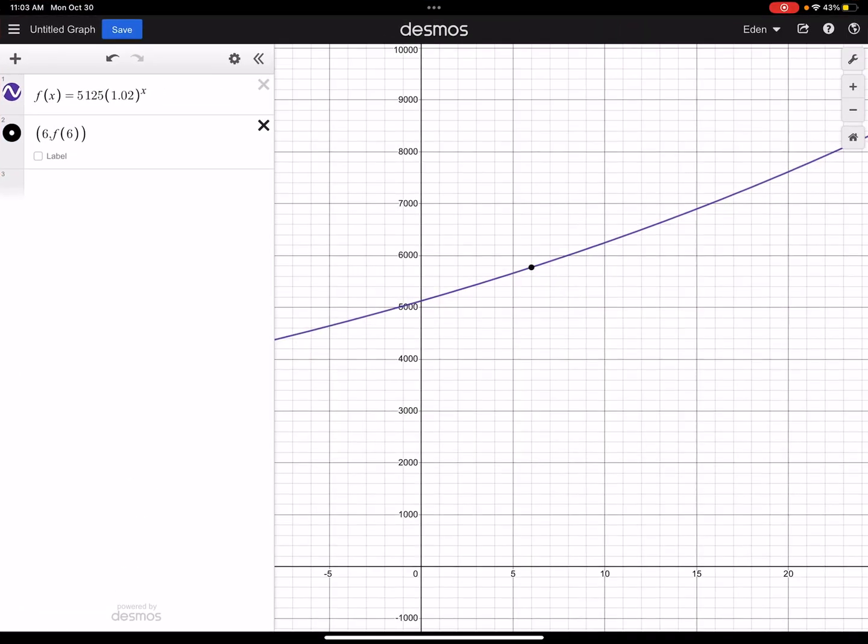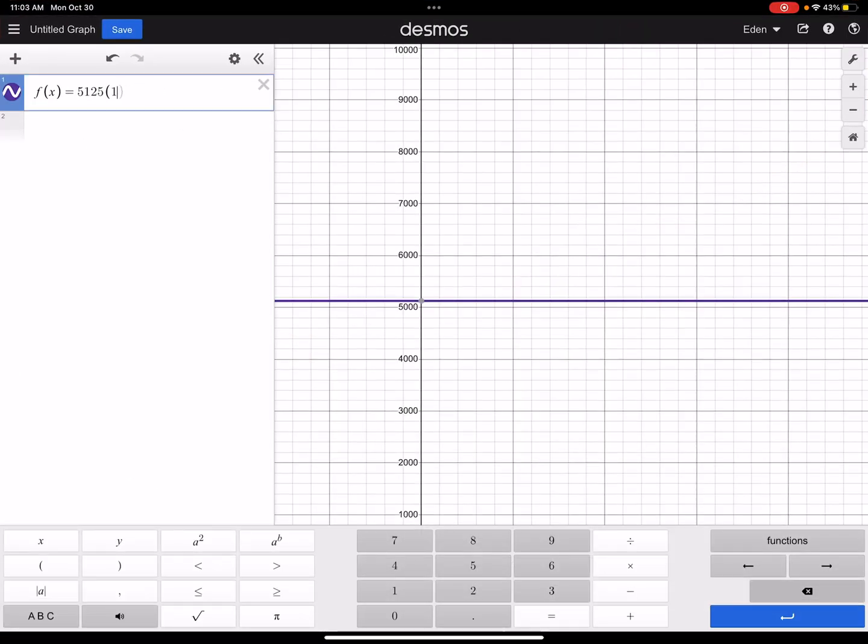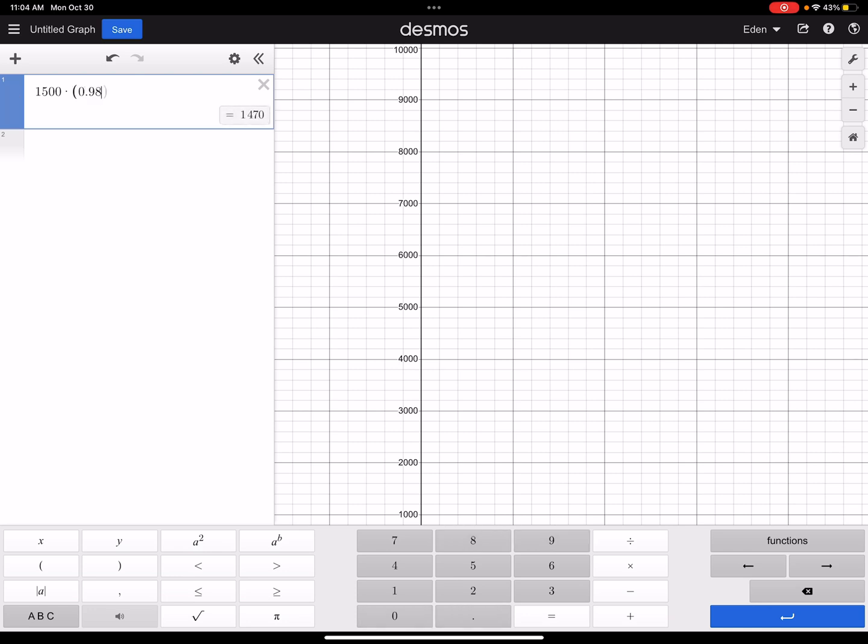In Desmos, I have 1,500 times 0.98 raised to the 13th power. You can see here I have about 1,153 or 1,154 lions. You can't have partial lions, so I don't care how you round here.